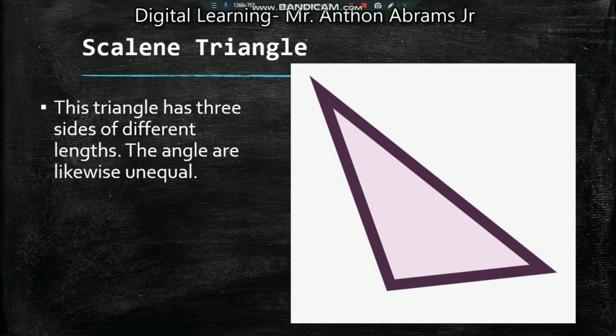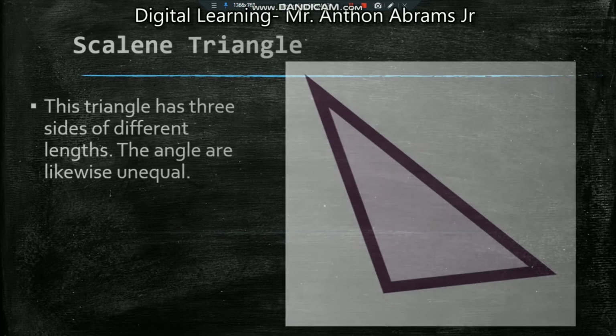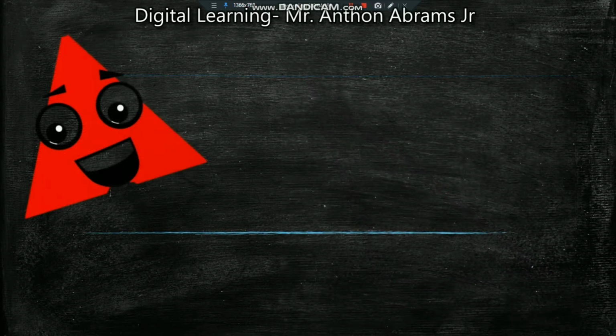So the first one we had 3 equal sides and 3 equal angles. The second one we had 2 equal sides and 2 equal angles. And the third, all the sides are of different lengths and the angles are unequal. So this is triangles being classified based on their sides.